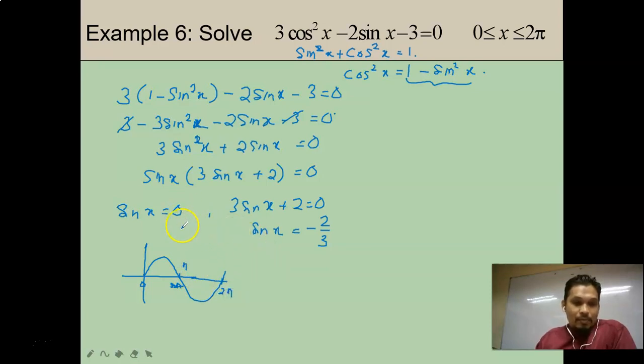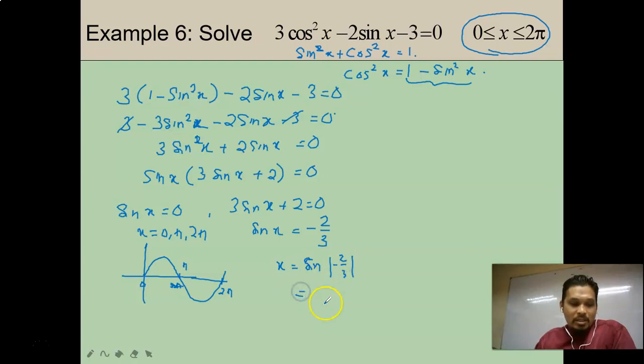So from this graph, x equals 0, pi and 2 pi. The limit is 2 pi because x goes from 0 until 2 pi. And then what about this one here now? x equals arcsine of negative 2 over 3.